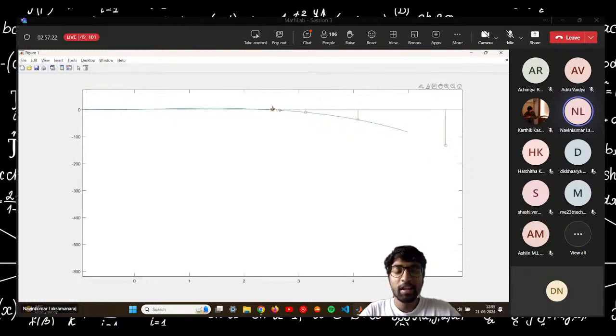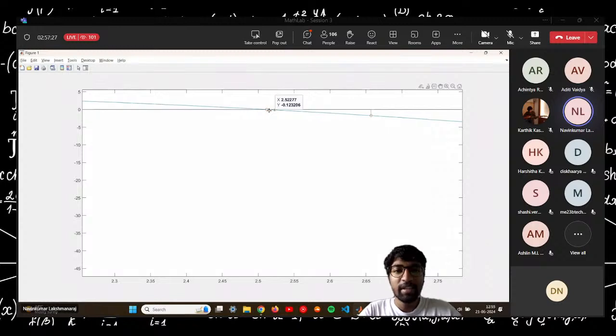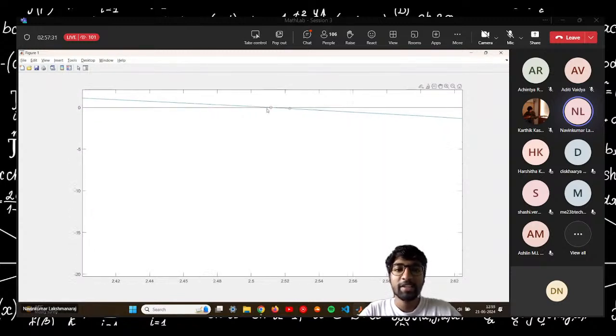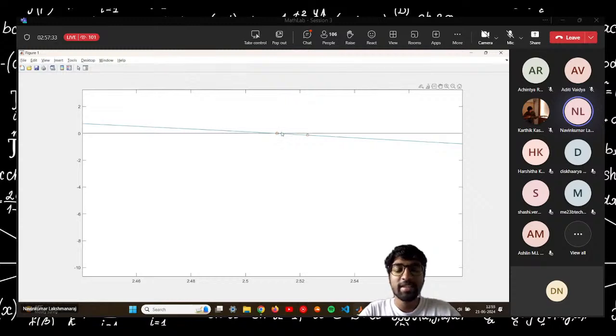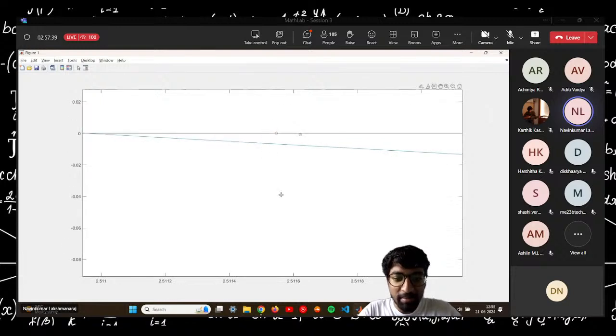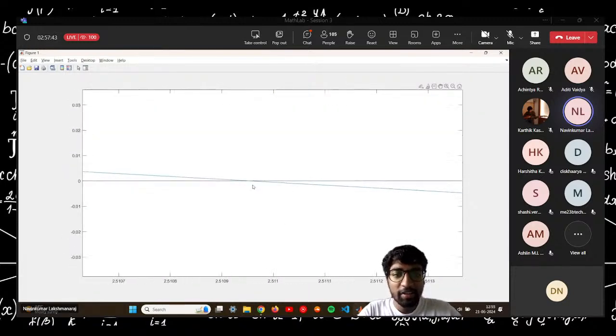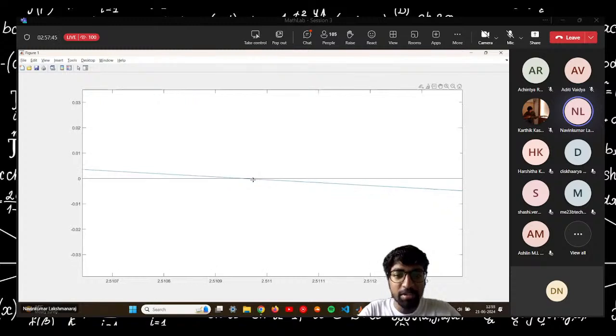Then you see a lot of clustered points around 2.5. When the difference between these two points becomes less than 0.01, we say this accuracy is good enough and let's stop. That's how we arrive at this predicted value of the root, which seems to be around 2.511. You can also see that the actual root lies very close to it.